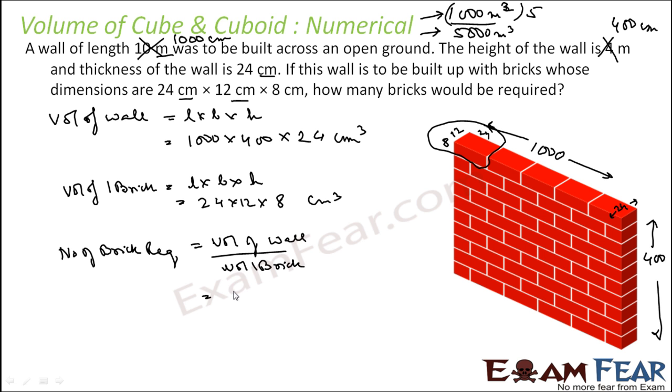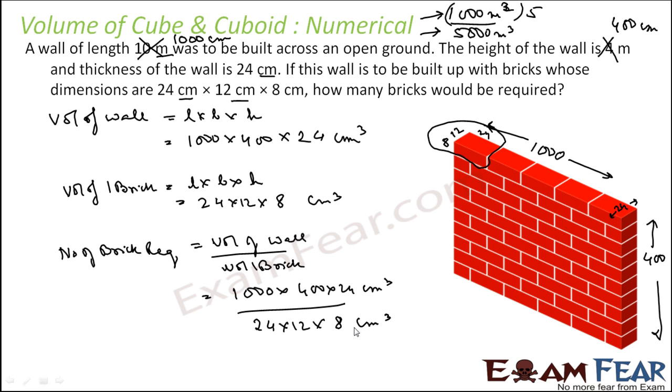Let's divide this: 1000 into 400 into 24 centimeter cube divided by 24 into 12 into 8 centimeter cube. This cancels. 8, 5, 50, and yeah, that's all. So if you solve it, you get 4166.6. So approximately 4167 bricks will be required.